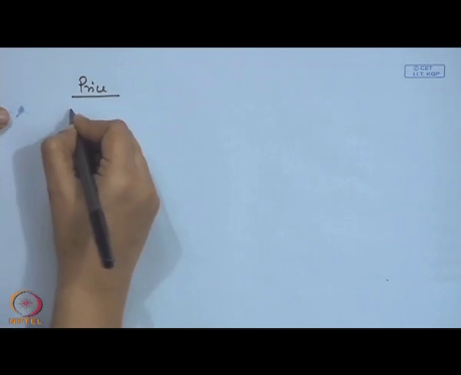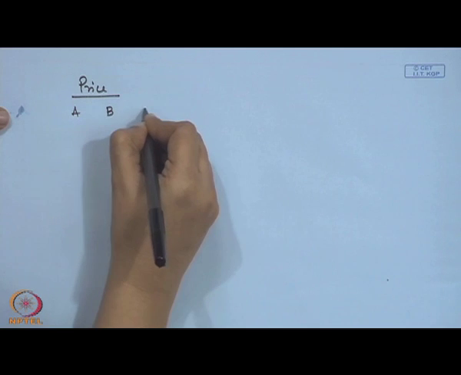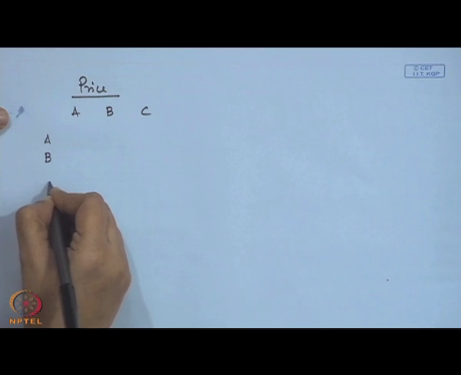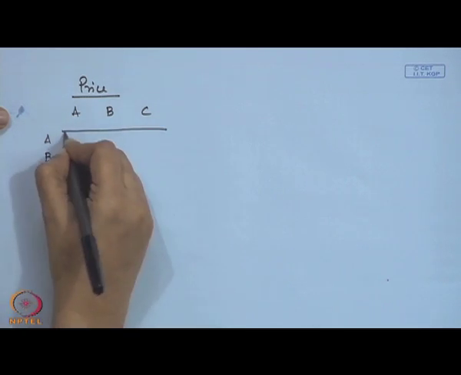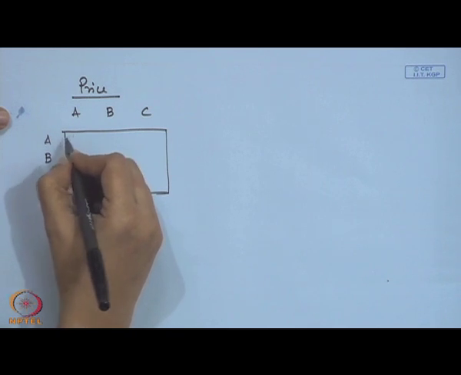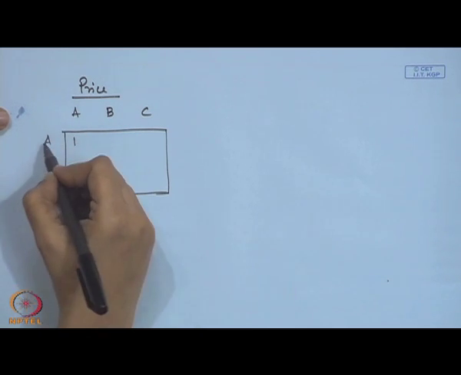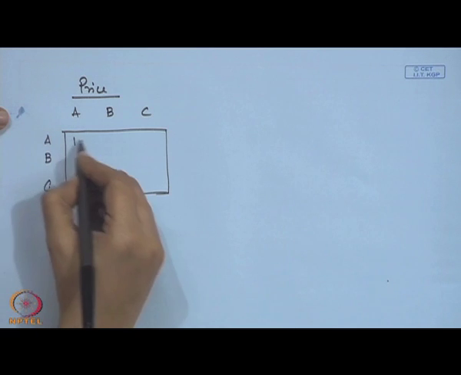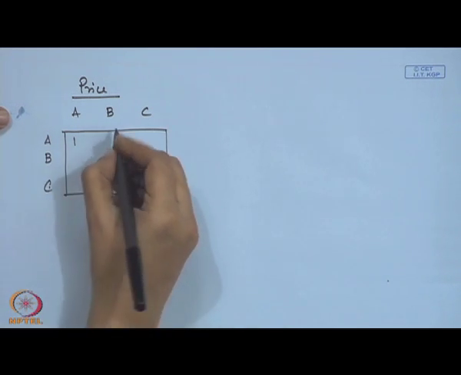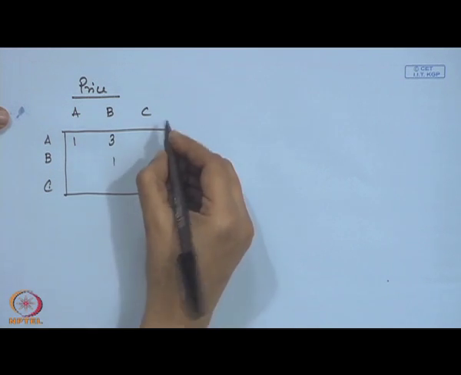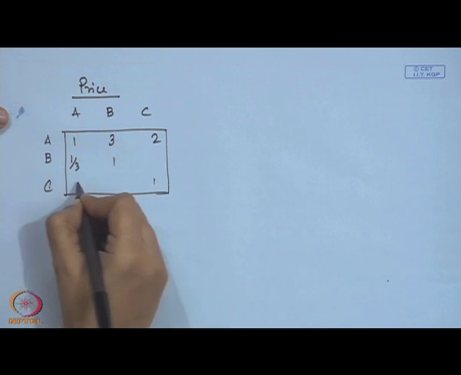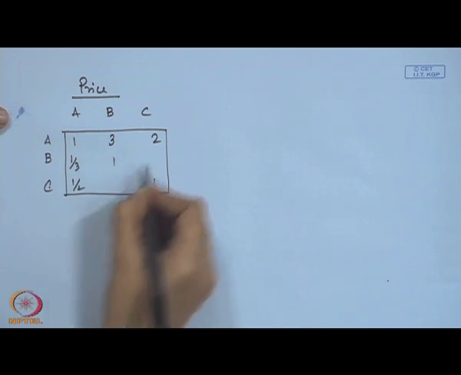With respect to price, since we are considering A with respect to A, always the diagonal elements will be 1, and this is 3, it is given to us, this is 2, this is certainly 1 by 3, and this is given.